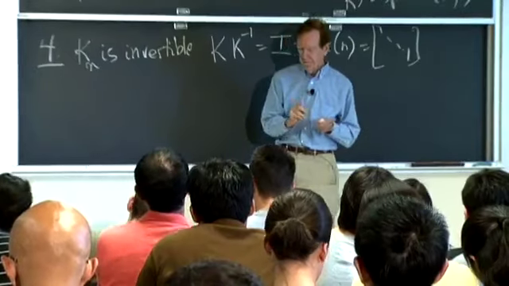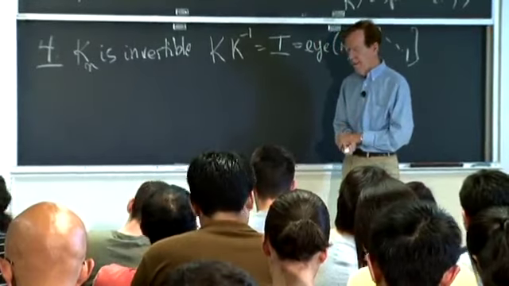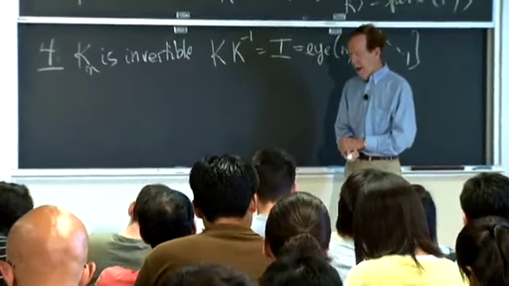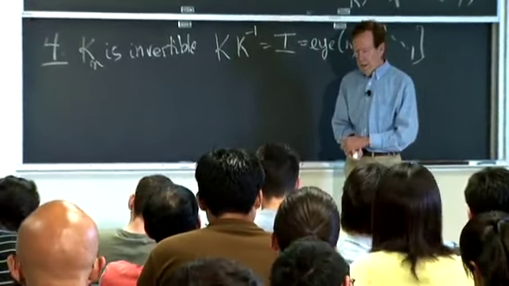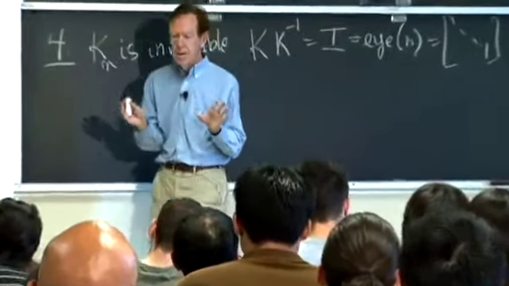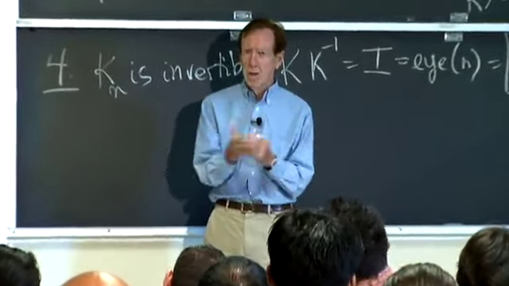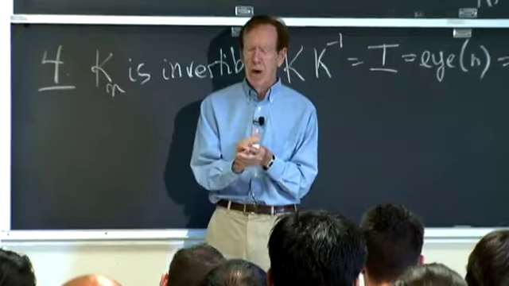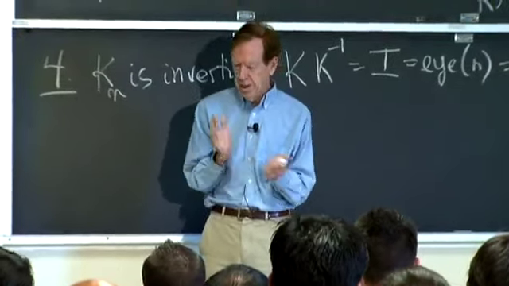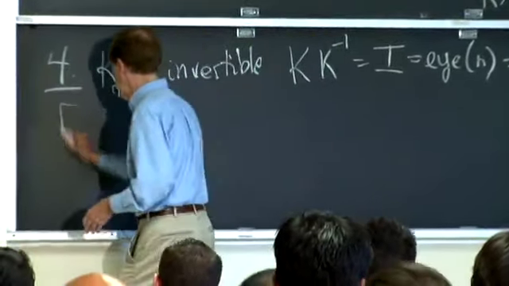Well, so what would I do? I would row reduce. That's the standard, the default option in linear algebra. If you don't know what to do with a matrix, if you want to see what's going on, row reduce. What does that mean? Shall I try it?